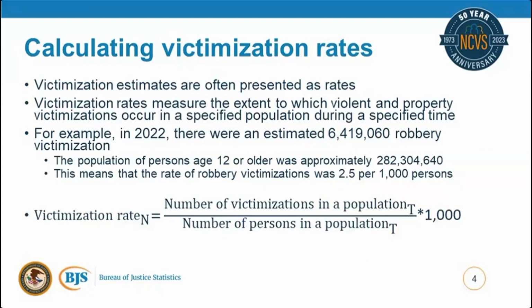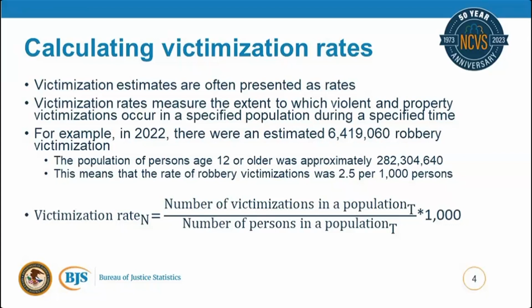To calculate the rate of victimization per 1,000 persons in the population, divide the number of victimizations in a population by the number of persons in the population. Then multiply that number by 1,000 to calculate the rate per 1,000 persons.